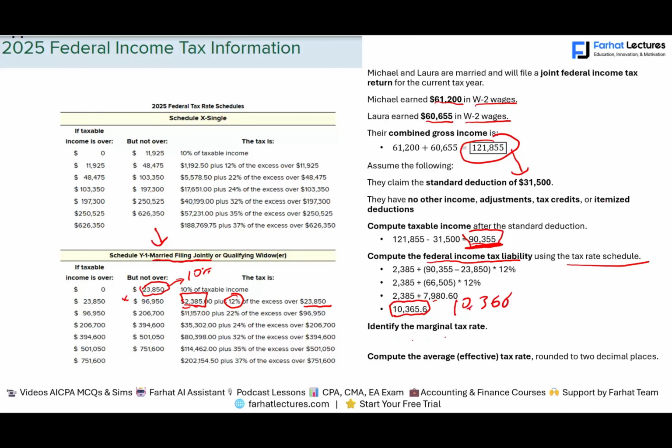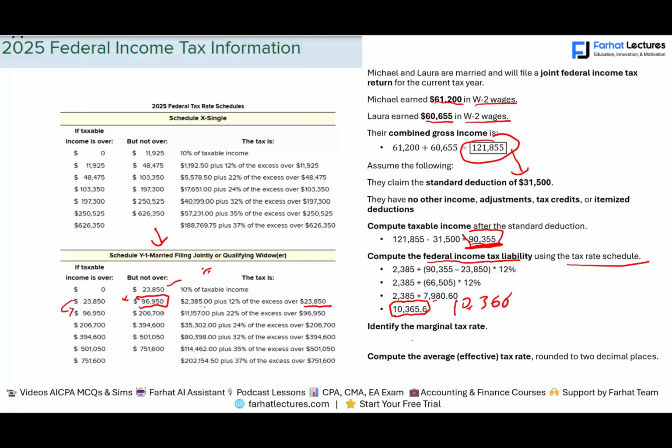Now identify the marginal tax rate. In which tax rate do they fall? They fall into the 12% marginal tax rate. Simply put, if they earned an additional dollar, they would pay 12% on it. Would they pay 12% forever? No. Once they exceed 96,950, they fall into the new marginal tax rate.